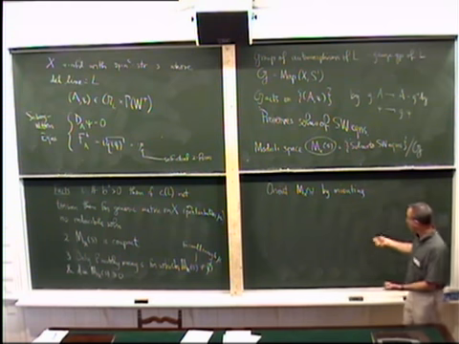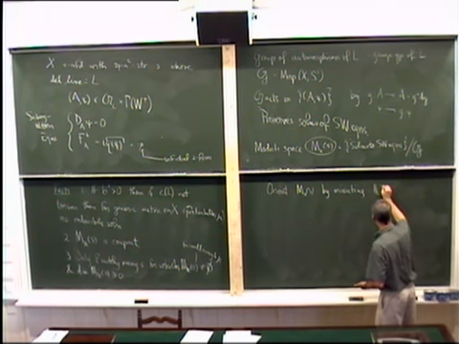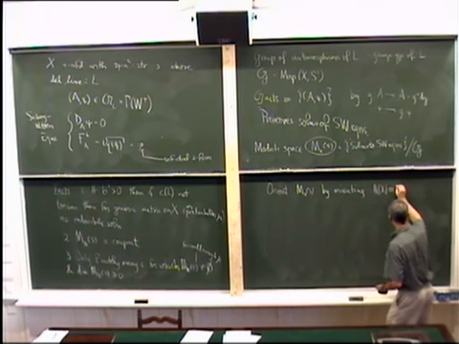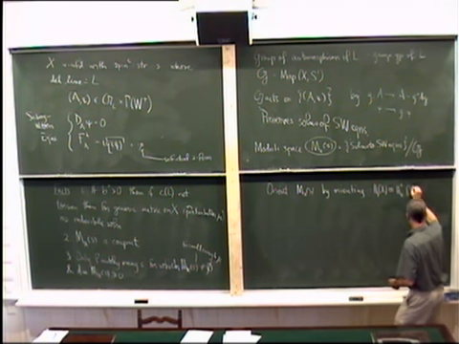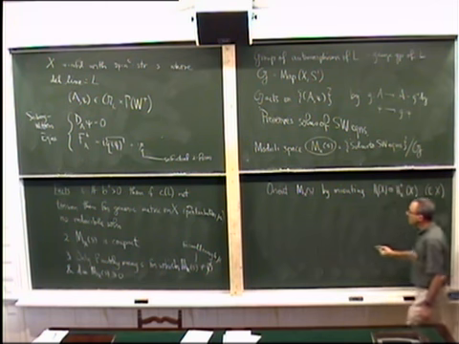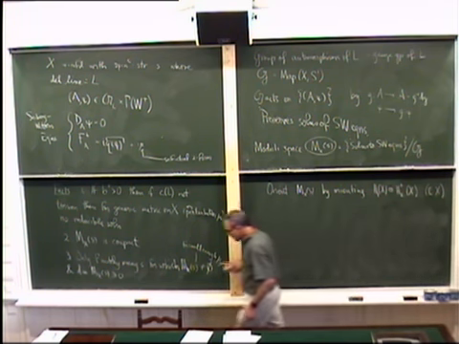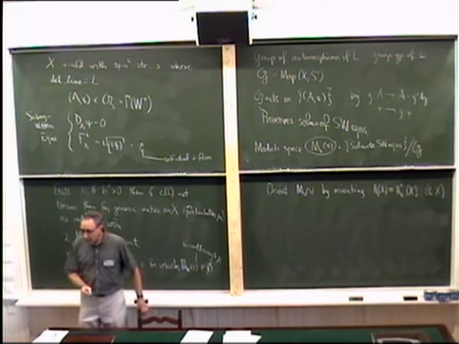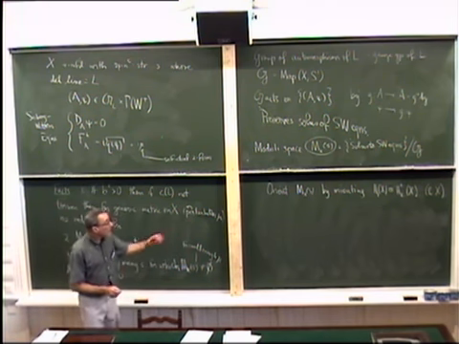So X has to be oriented, H1 of X needs to be oriented, and H2 plus. So once this is oriented, then generically you have a compact manifold which is oriented.